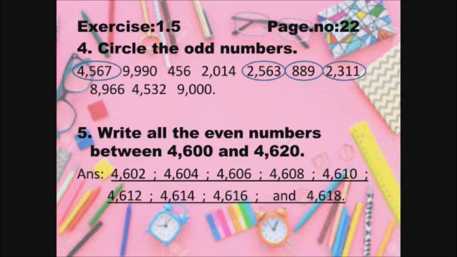See all the numbers ending, it is even number. So we have written between numbers of 4600 to 4620 all the even numbers. So copy down this one in your textbook.